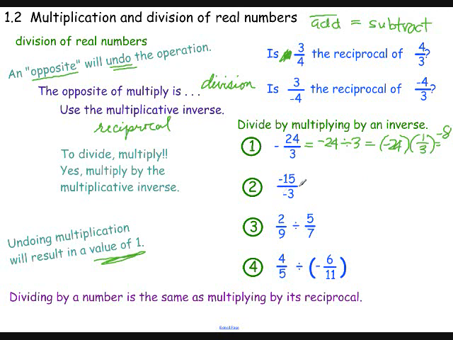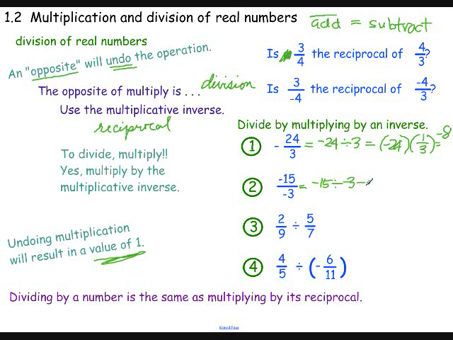Let's do the same thing here. We have a -15, which we are dividing by a -3.